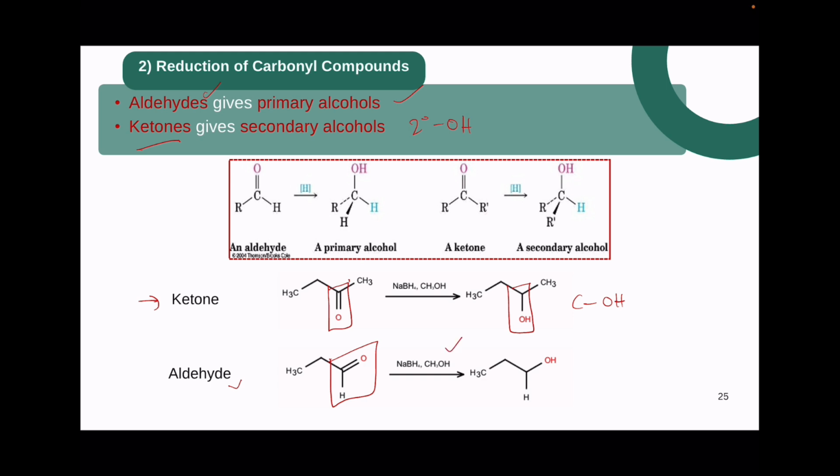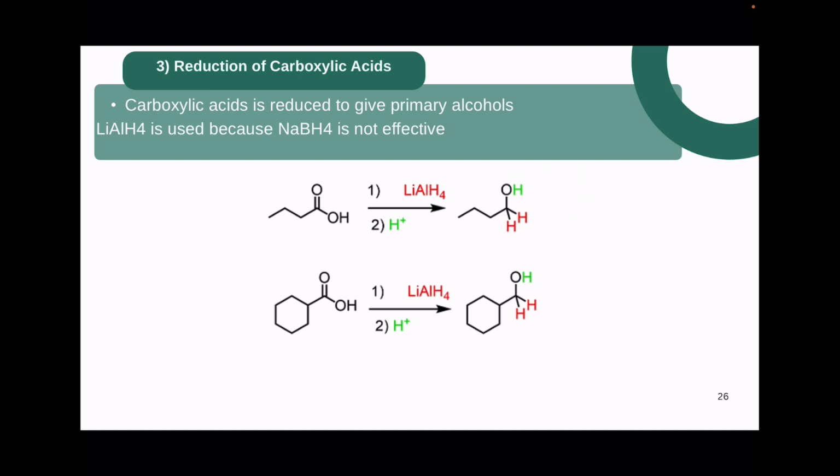When it goes through the reduction reaction, the C double bond O changes into C-OH, which is a primary alcohol. Ketone gives a secondary alcohol.